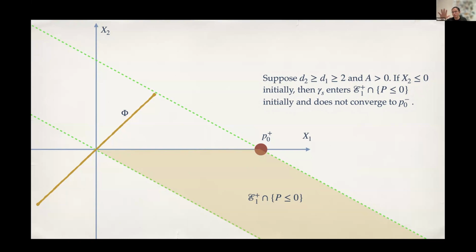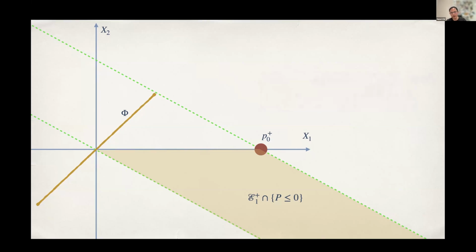They always separate in this yellow region over here. The only intersection will be the critical point P0. And we can further show that if the integral curves admit X2 to be less than or equal to 0 initially, then it will enter this set where P is less than 0, and it will not converge to the P0 negative. In other words, we shouldn't pay attention to integral curves that enter this region initially in order to get the heteroclinic.